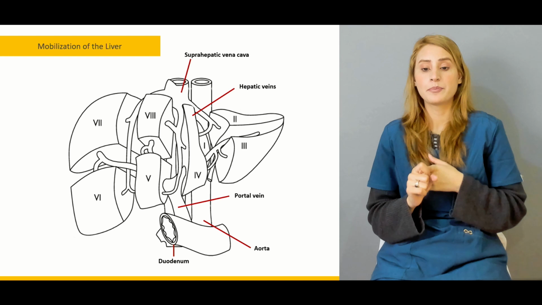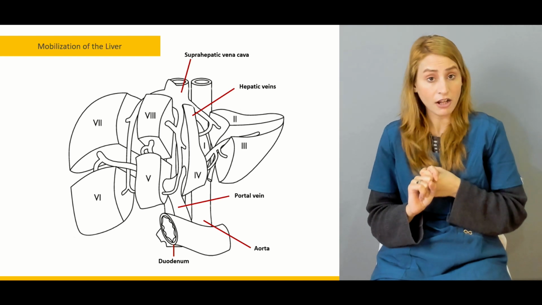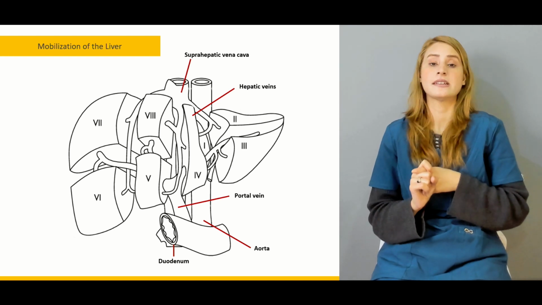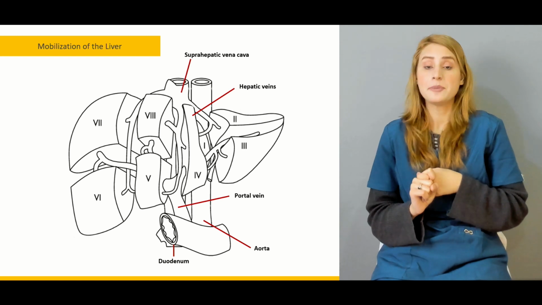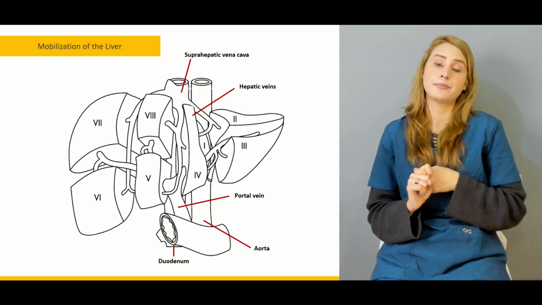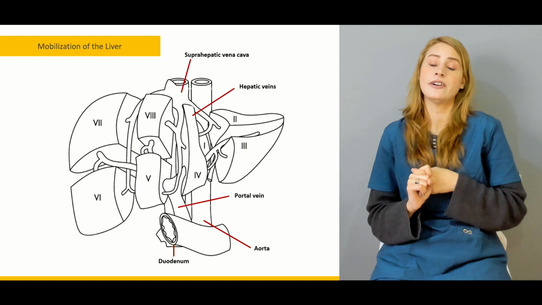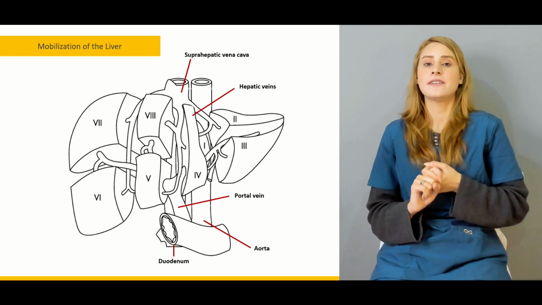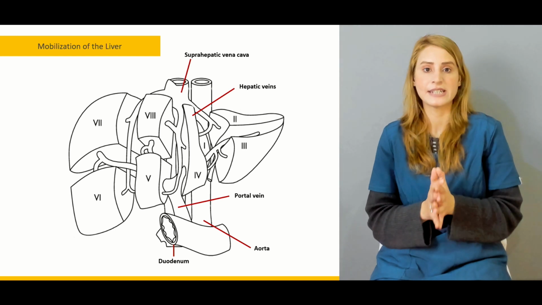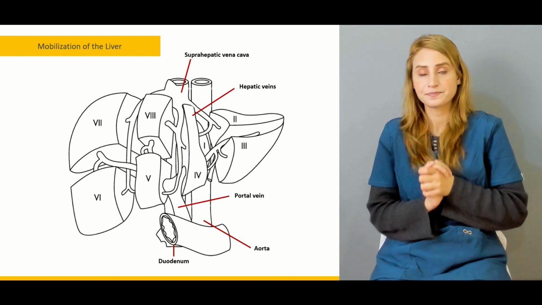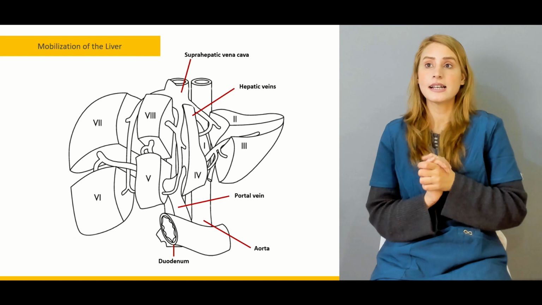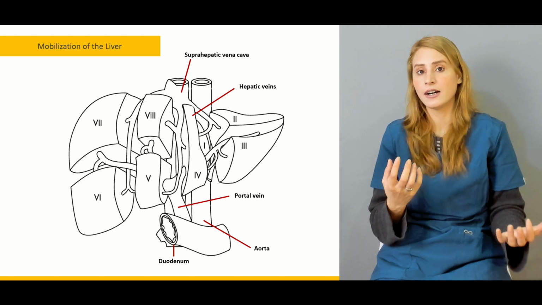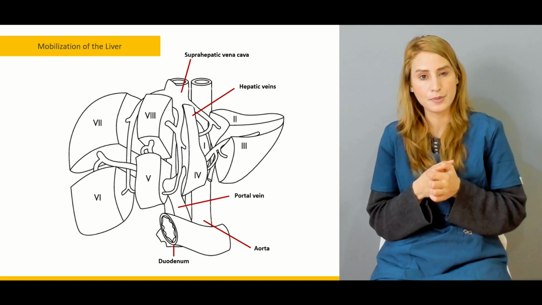Plus, you need the anesthesiologist to help you keep the CVP low, because if the CVP is greater than 6, there is a chance of massive bleeding from the liver. If the CVP is below 6, it's safe to proceed. How could you keep the CVP low?